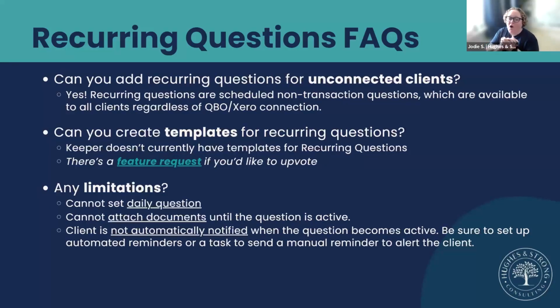Finally, clients are not automatically notified when those questions become active and go live in the portal. That's where it's helpful to have some additional automation set up. Otherwise, we would highly recommend that you have a task to remind yourself to send the manual reminder to alert that client.